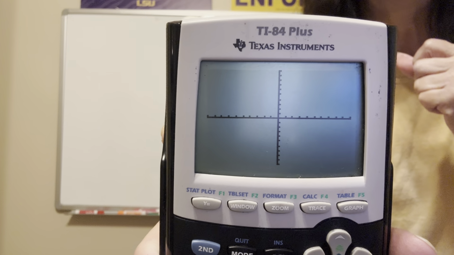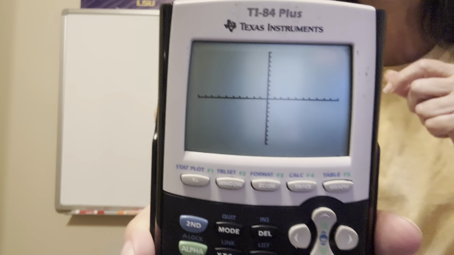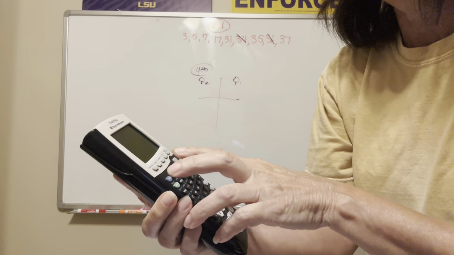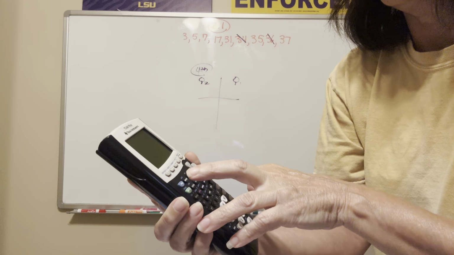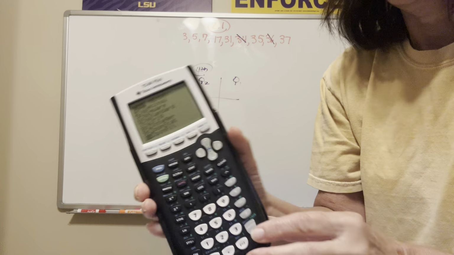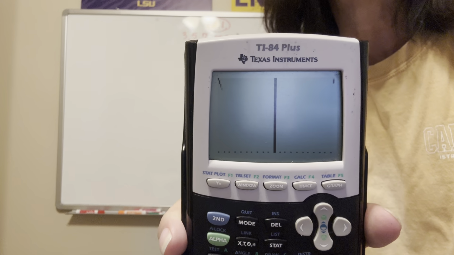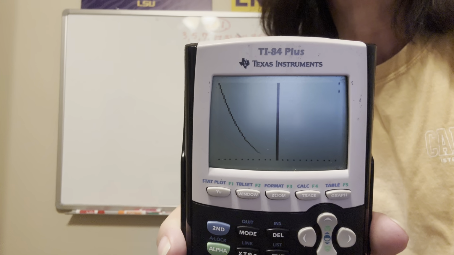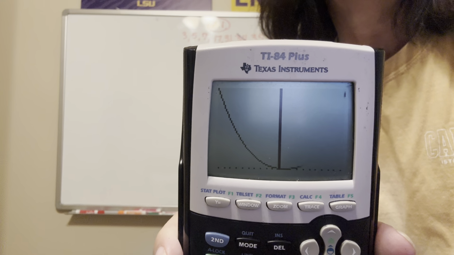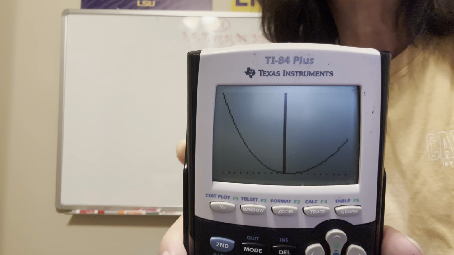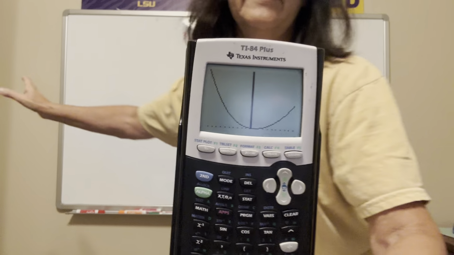I don't even know if I'm going to see anything. So now I'm going to do zoom fit. Let's see what I see. There we go. Okay, I don't know if it ever crosses the x-axis. I see the very bottom.